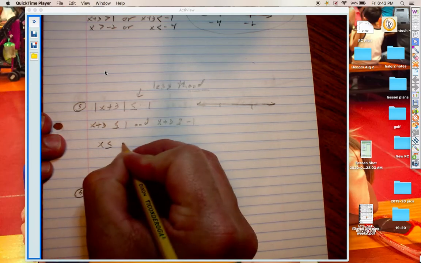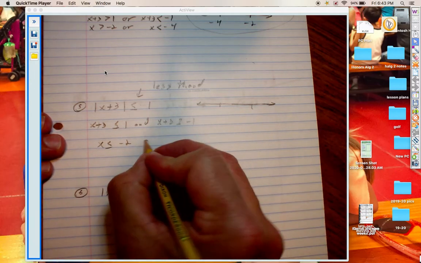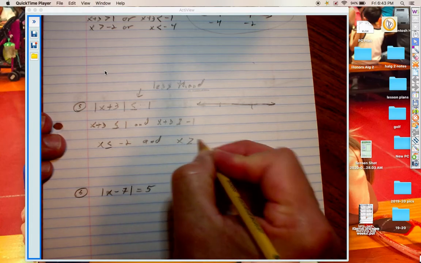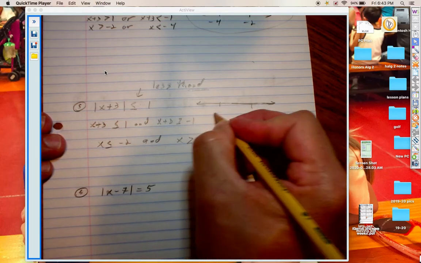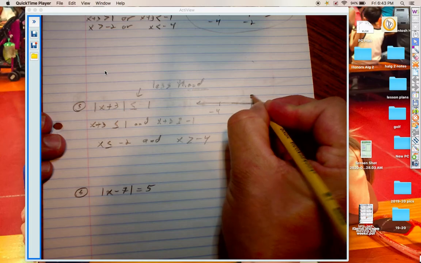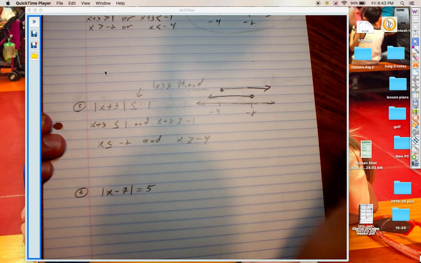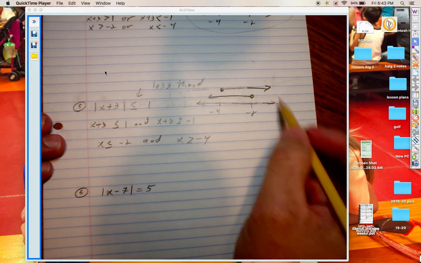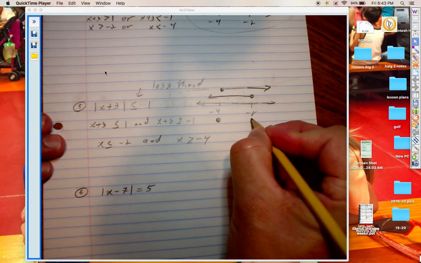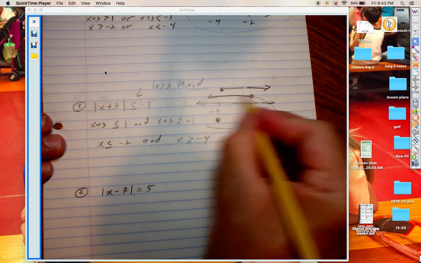X is less than or equal to negative 2, and x is greater than or equal to negative 4. So negative 4, negative 2, closed circle to the left, closed circle to the right. And since it's an and statement, I want what they have in common. So from -4 to -2.